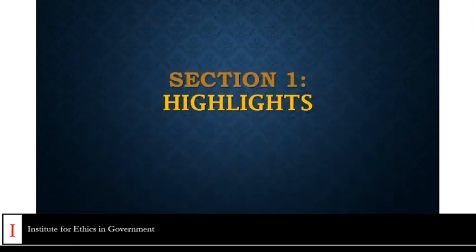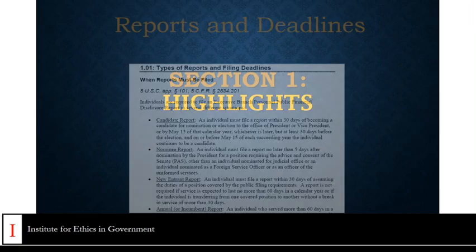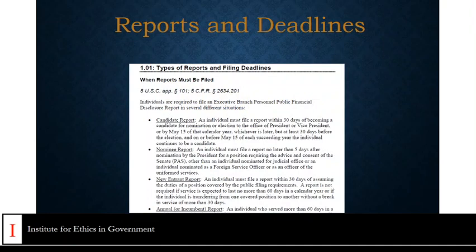So now I want to highlight some Section 1 parts to give you just a little bit of additional information about what you'll find within that section. Section 1 talks about the types of reports and the filing deadlines for those reports.